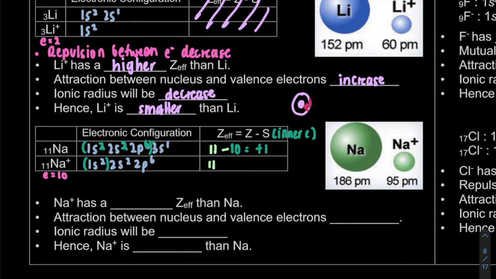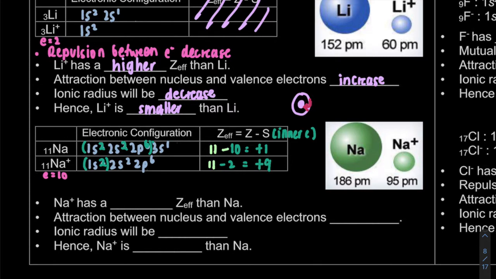But for sodium plus, since 2s2, 2p6 is the valence electron, the inner electron is only 1s2. So, minus 2, which is equal to positive 9.